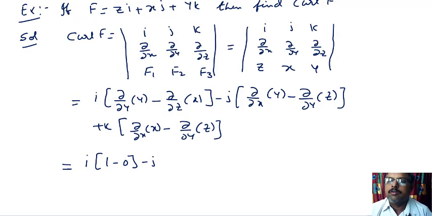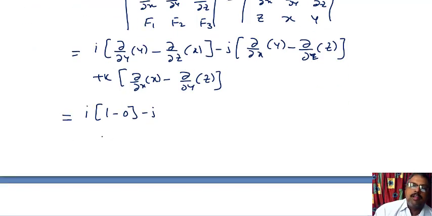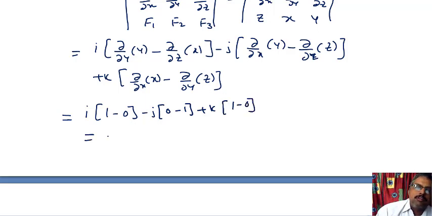Dou by dou z of z is, first value is 0, minus 1 plus k into dou by dou x value is 1, dou z by dou y equals 0. Simply i plus j plus k. What is this? Curl of f.